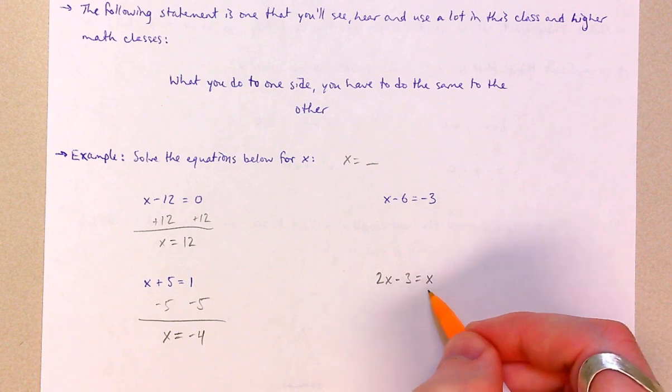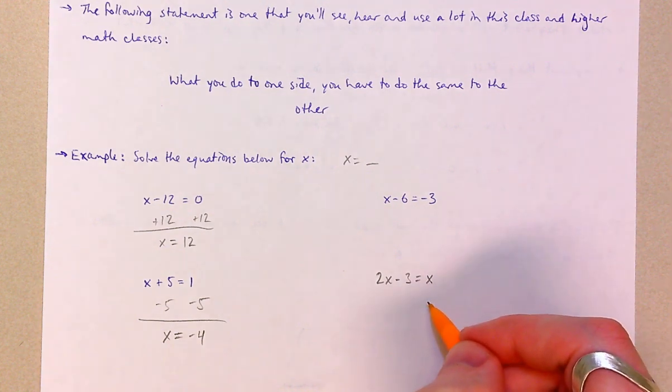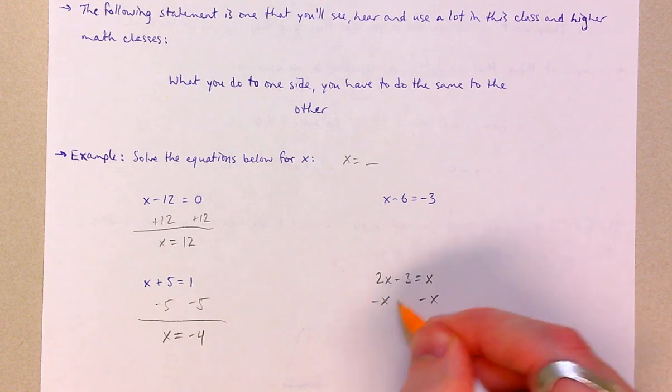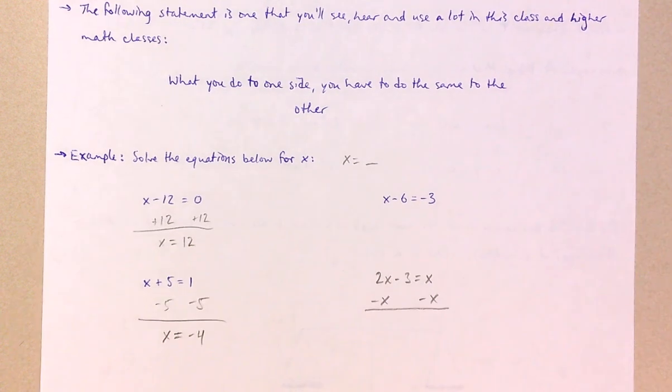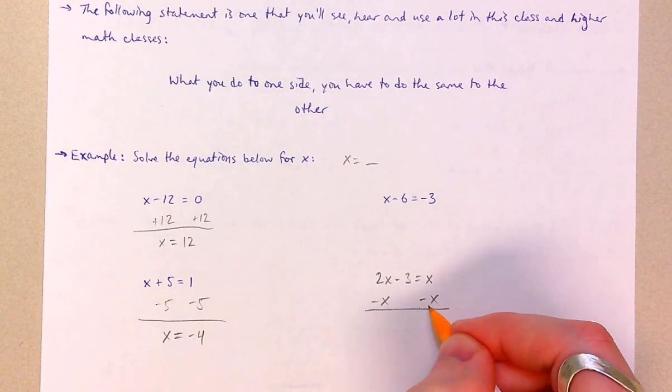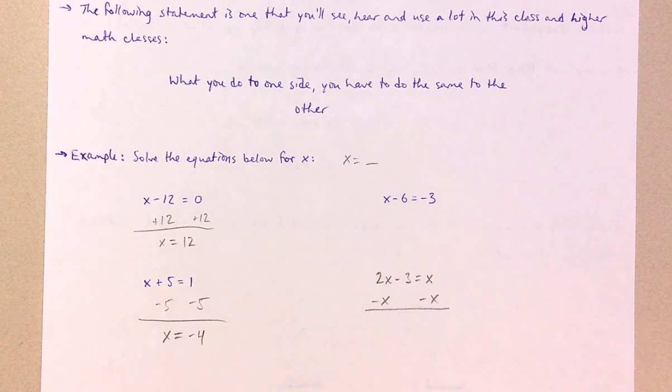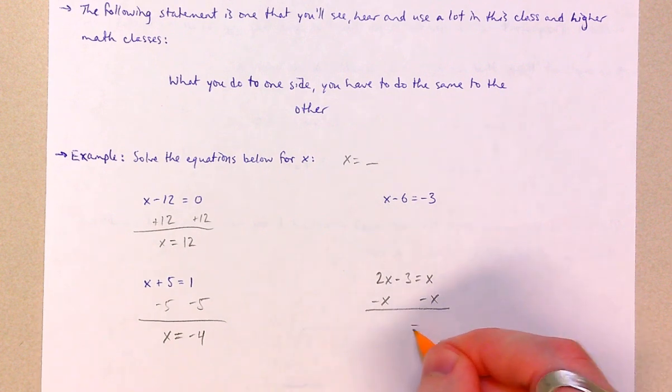Now, what if I subtracted x from both sides? Let's try it. Okay, well, I know that my right-hand side, if I have x minus x, if I take one thing and I subtract it from itself, well, that's just going to get me 0.